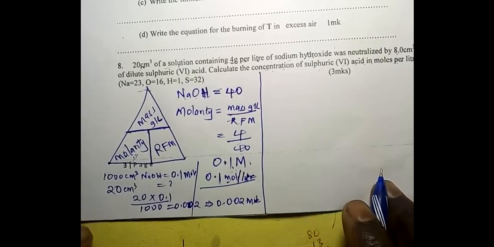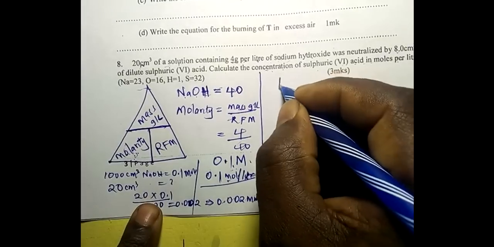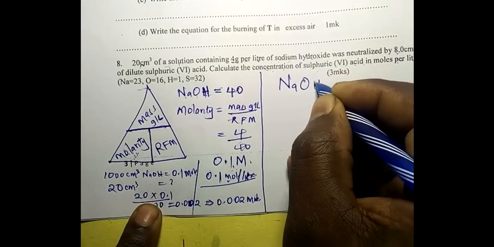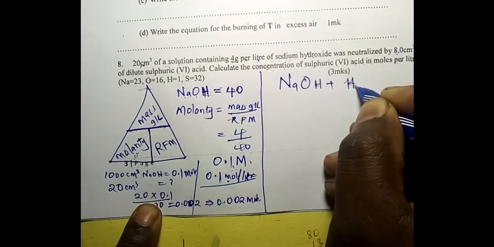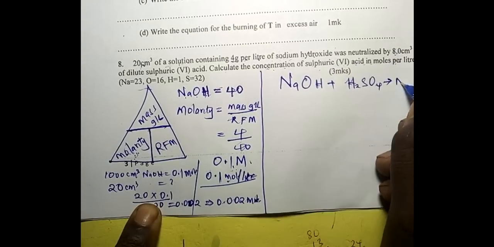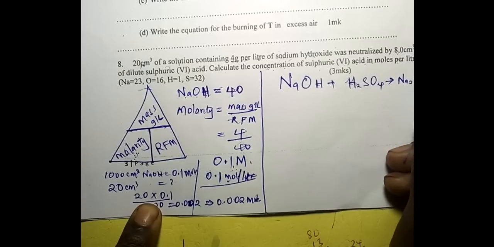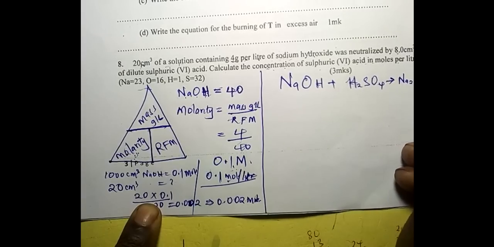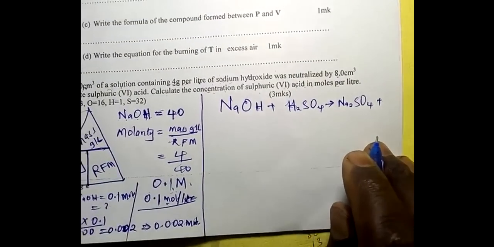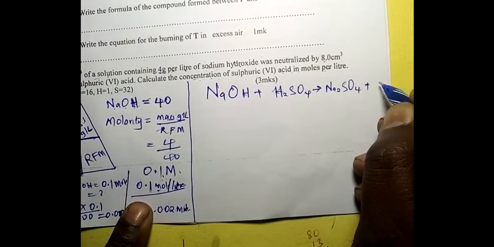Next, now let us check the relation. So we have to write a balanced equation. Sodium hydroxide reacting with sulfuric acid gives us sodium sulfate plus water.